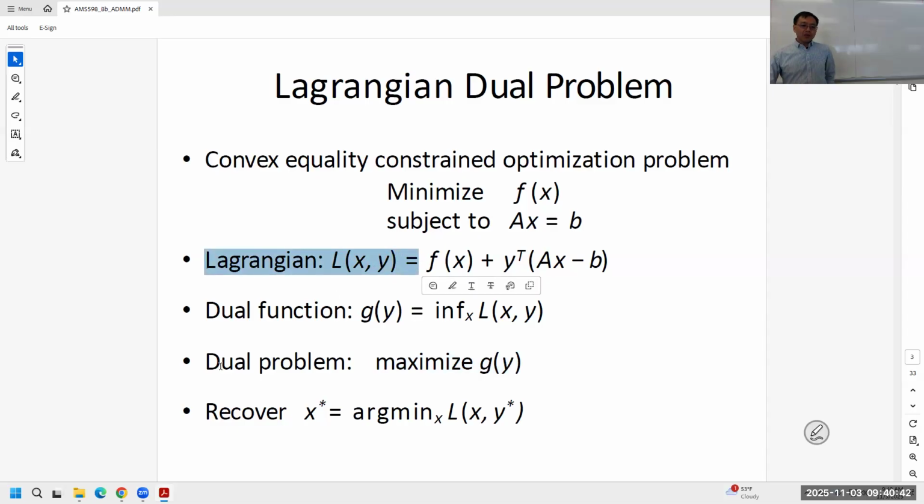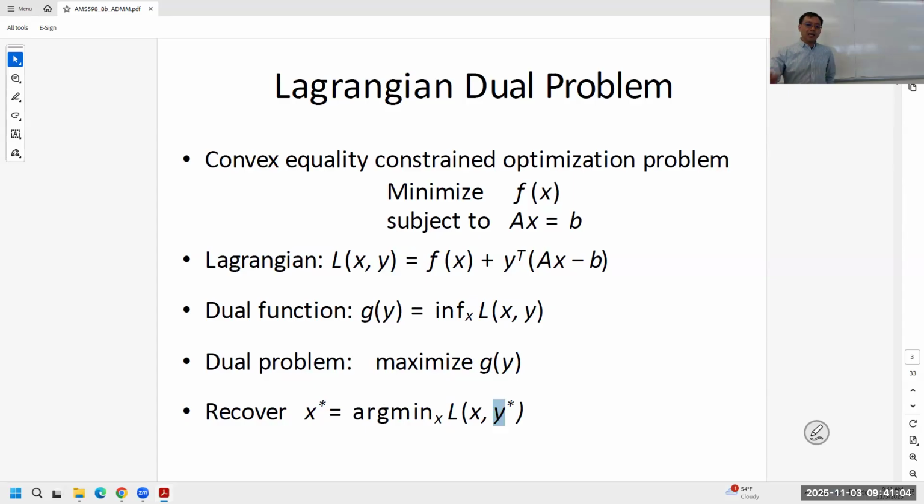Now suppose we can solve this dual problem. Then we can maximize g(y), and recover the optimal value for x by minimizing L(x, y star). Y star is an optimal point for y that we already have.